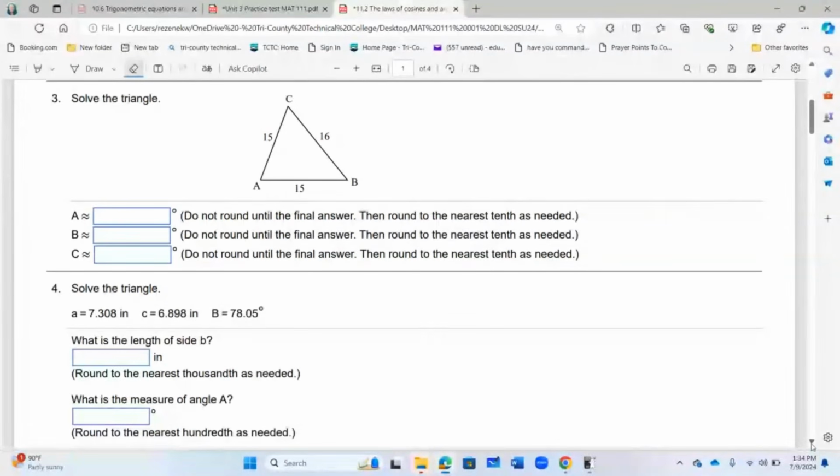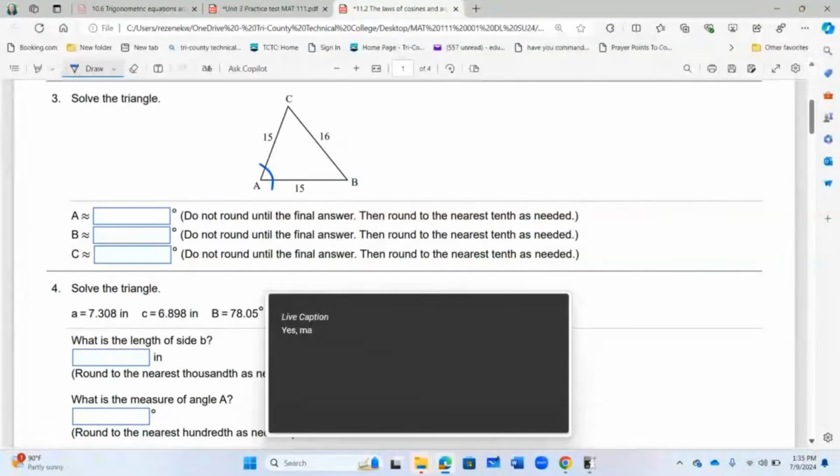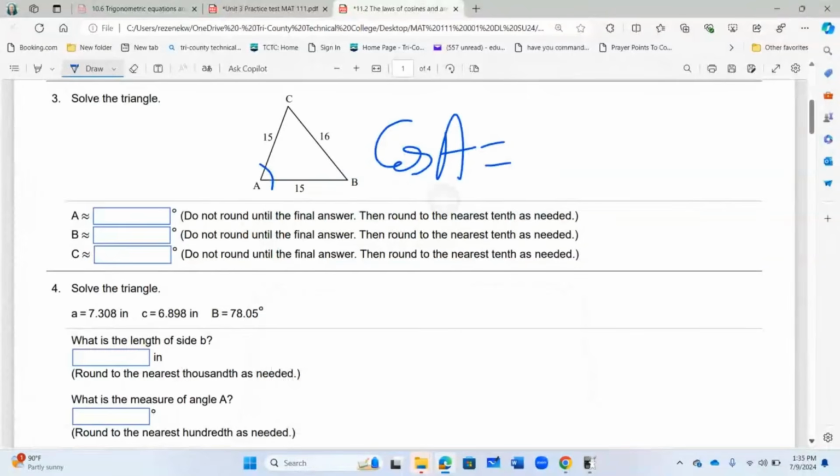I don't have any of the angles, so I have to start from angle A. If I'm looking for angle A, I can say cosine of angle A is B squared plus C squared minus A squared, over 2BC.